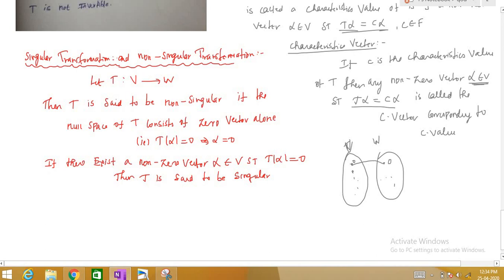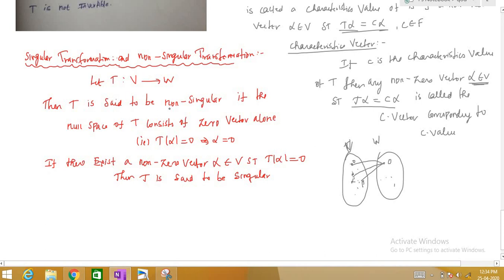Suppose there are some more vectors other than 0, let us say this is alpha, this is beta, and they are also mapped to 0. That means not only the 0 vector is mapped to 0, some other vectors are also mapped to 0, then that transformation will be a singular transformation, right?